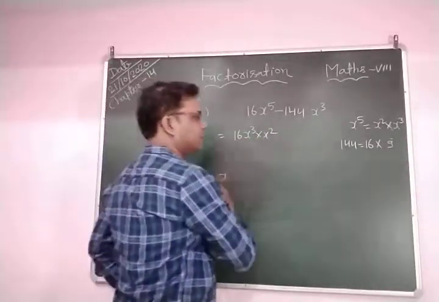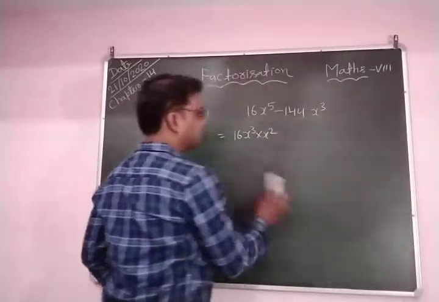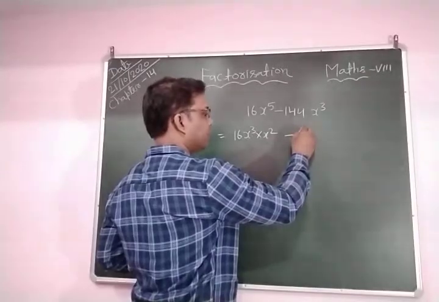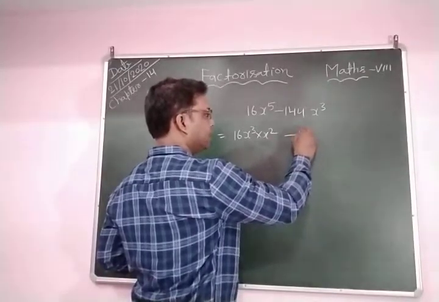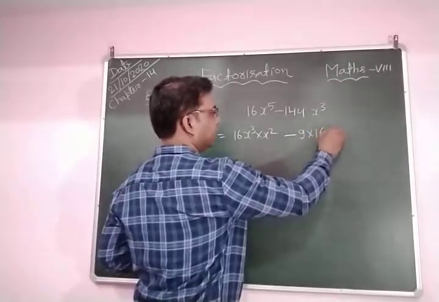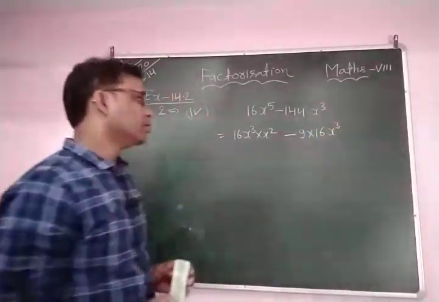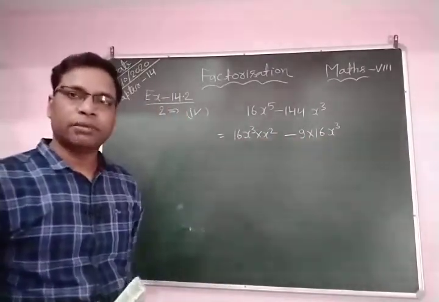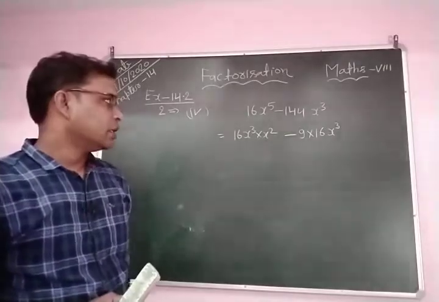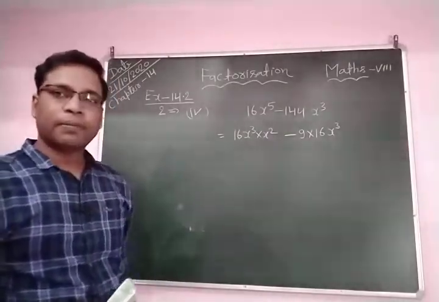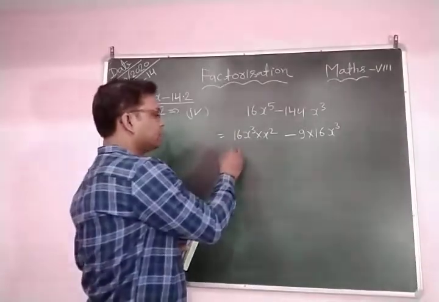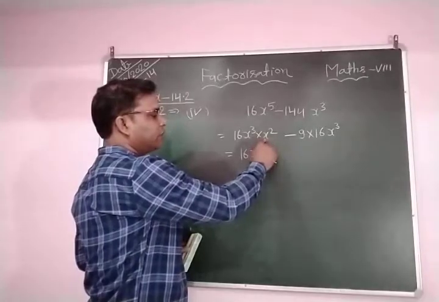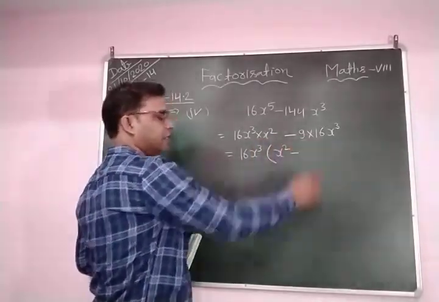Now after this minus 144, we can write 144 is equal to 9 into 16x³. So you can see 16x³ is common in both terms. So we can take common 16x³. If you take 16x³ common, then you obtain x² in the first term and minus 9 in the second term.